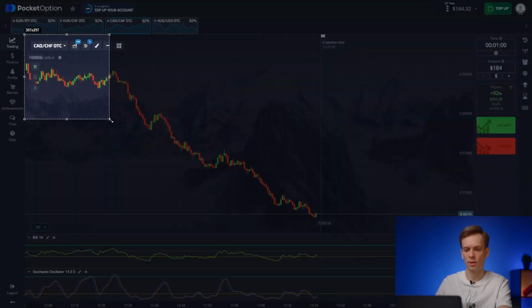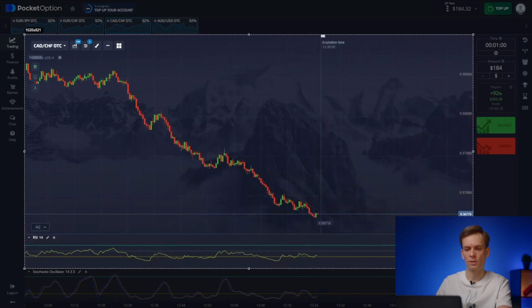Looking at the chart here, I can see that I only need to draw one line. Let's do that now. Like that. This marks the support level that the chart just broke through.